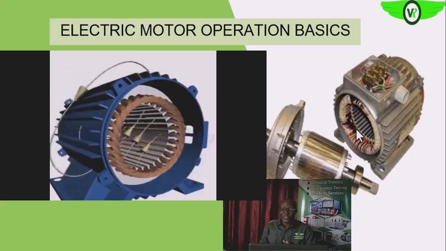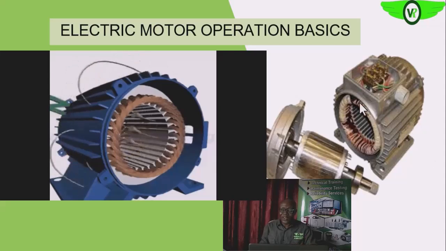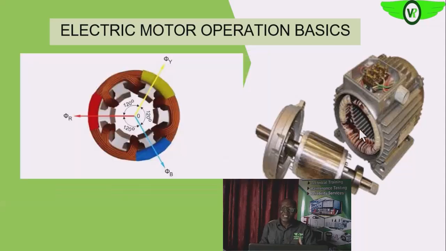The magnetic field that will be created will rotate in the direction of the rotation of the voltage signal coming into the electric motor via the terminal block. That is the sequence. If it is red, yellow, blue, it will go in that sequence, displaced by 120 electrical degrees. So the field that will be generated here will also exhibit that sequence.